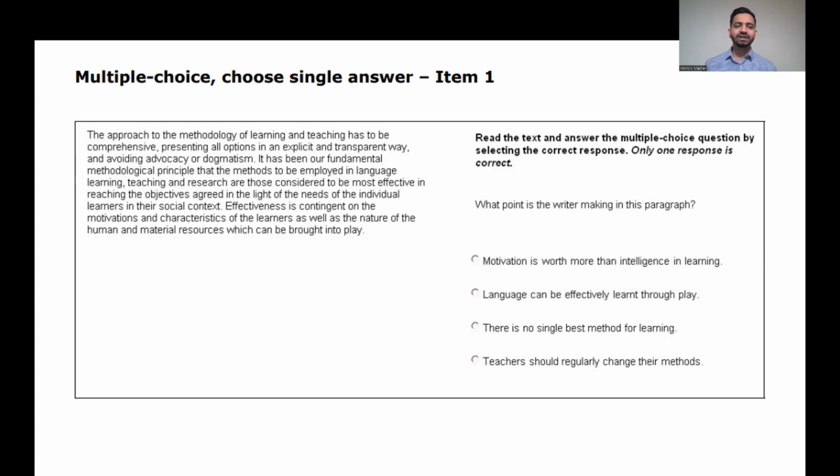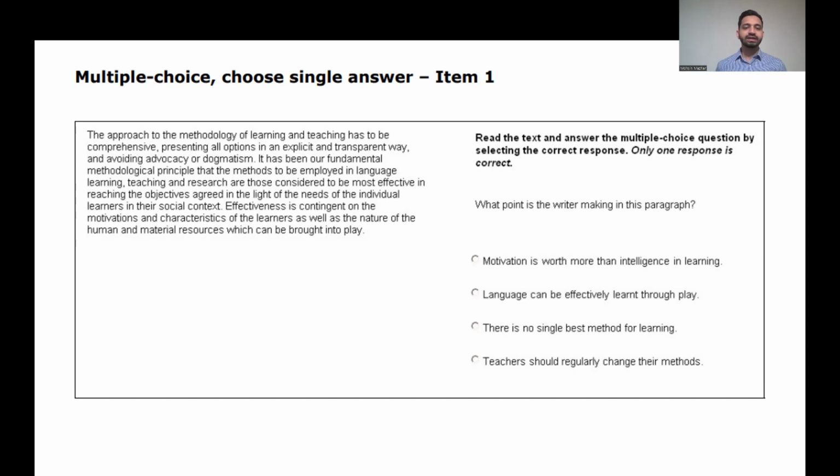It says comprehensive, kind of giving me an idea that there is no single best method of learning. But I'll read down: presenting all options in an explicit and transparent way and avoid advocacy or dogmatism. So it gives me an idea that there has to be more than one method of learning, because it should be comprehensive.